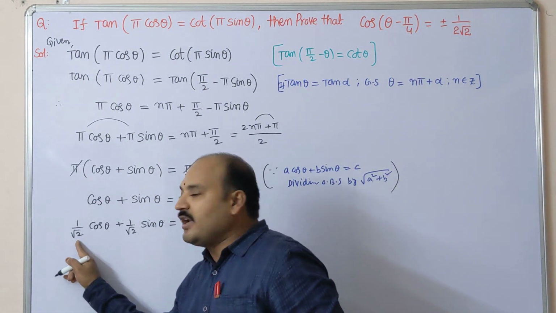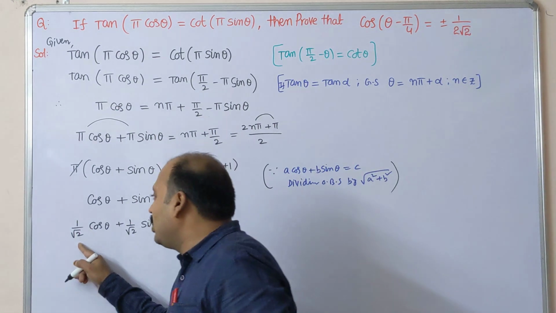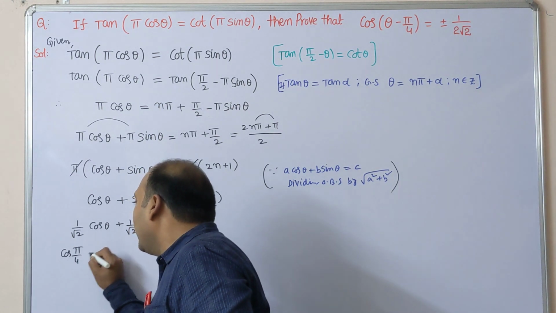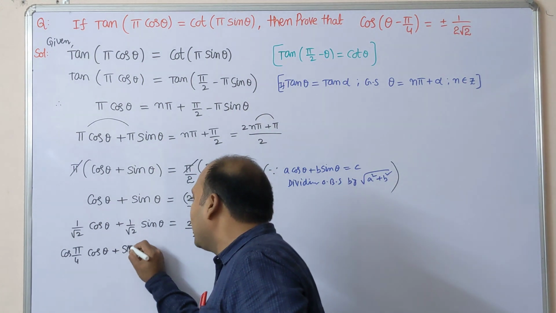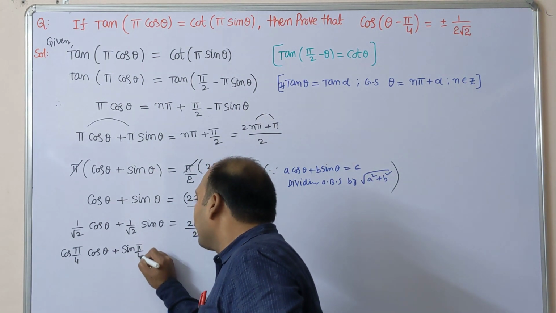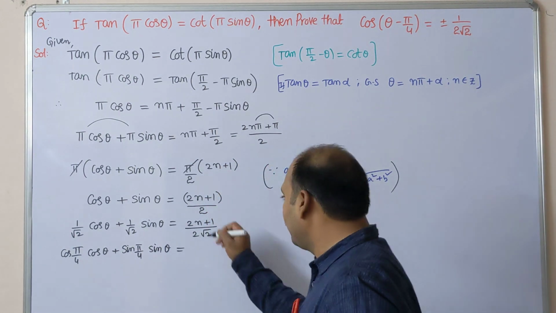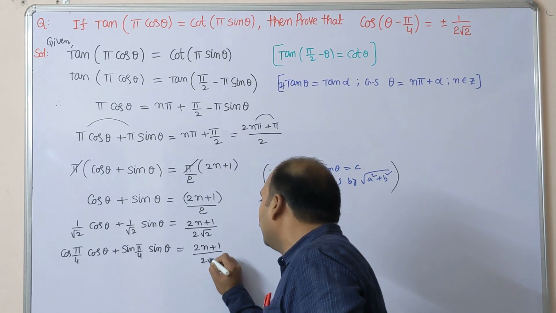So you should write it compulsorily in terms of cos here and sin there. So 1 by root 2 in terms of cos pi by 4 into cos theta plus 1 by root 2 in terms of sin pi by 4 into sin theta is equal to 2n plus 1 divided by 2 root 2.